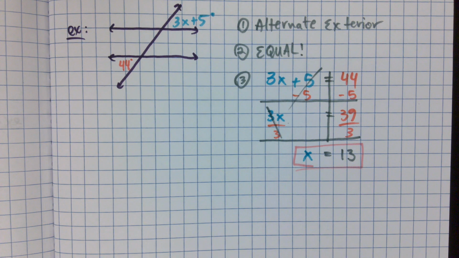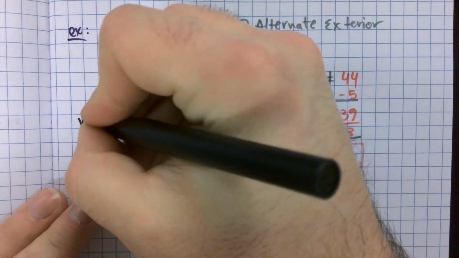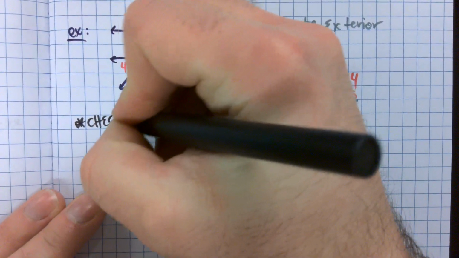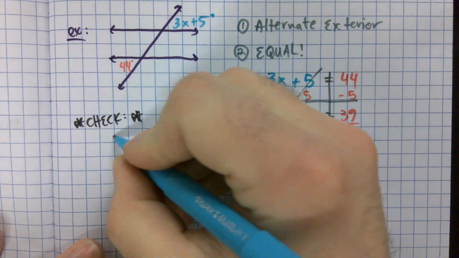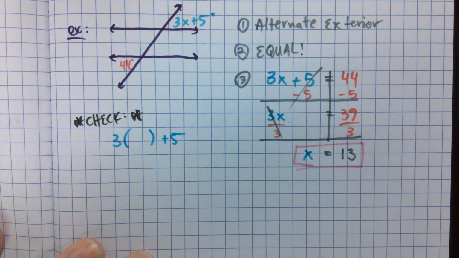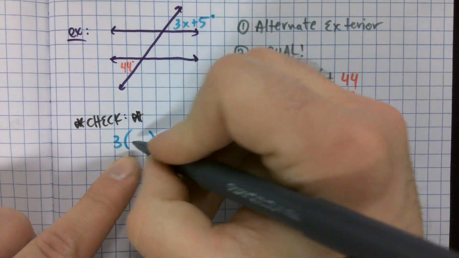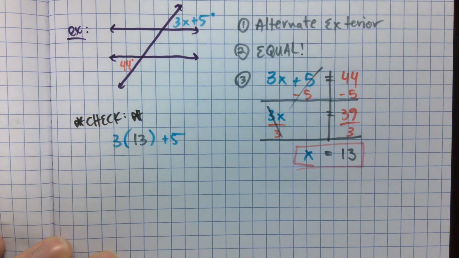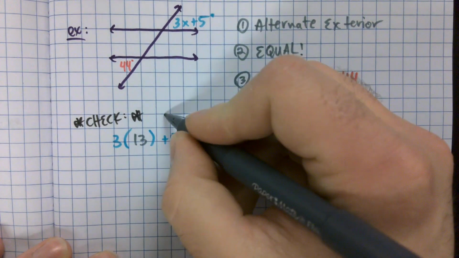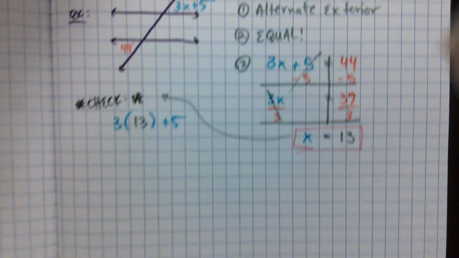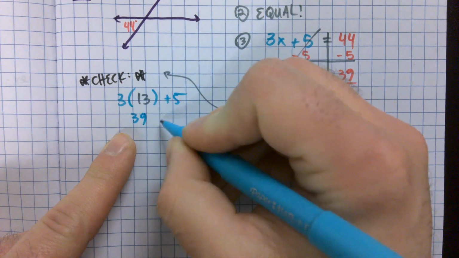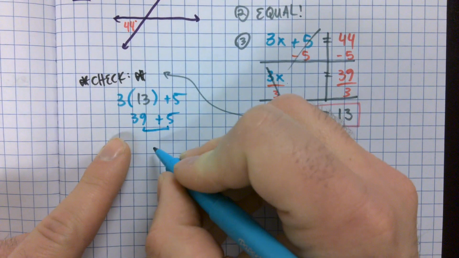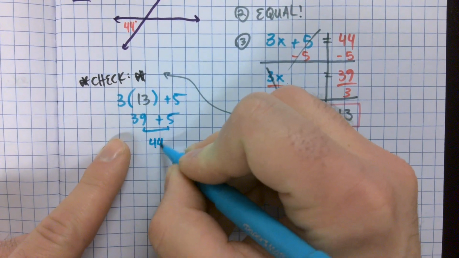And again, we can plug 13 back in. If we take our blue equation, 3x plus 5, and plug 13 in for x, what is 3 times 13? 39. What's 39 plus 5? 44.